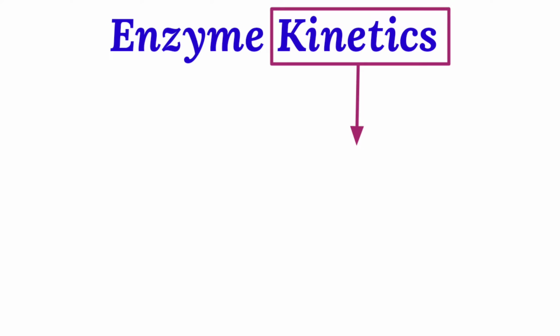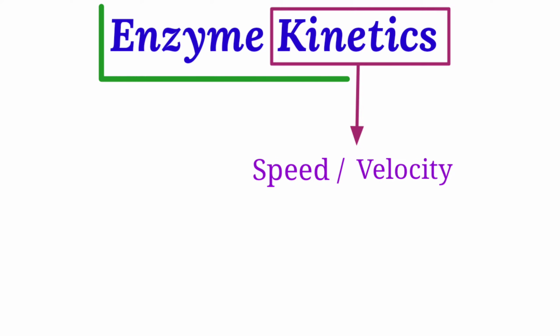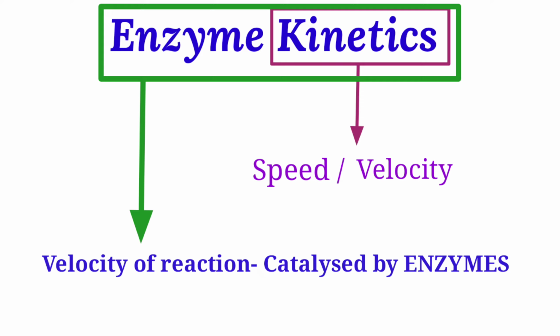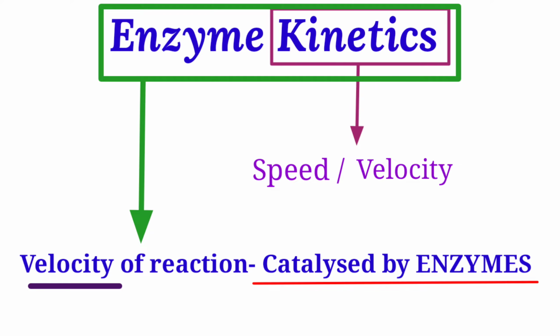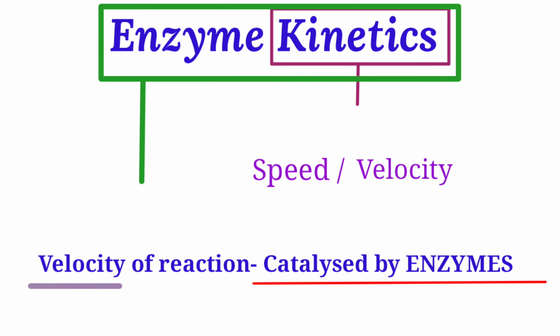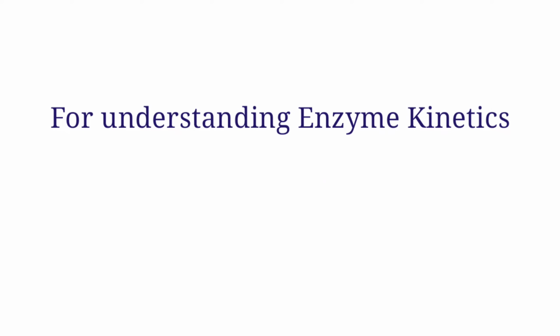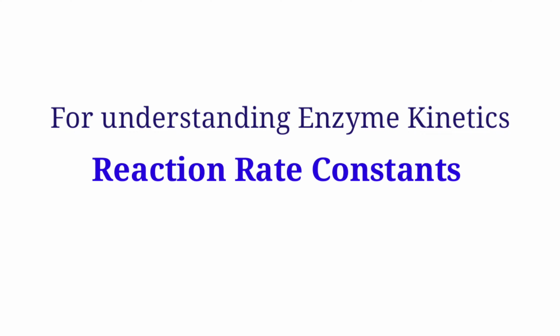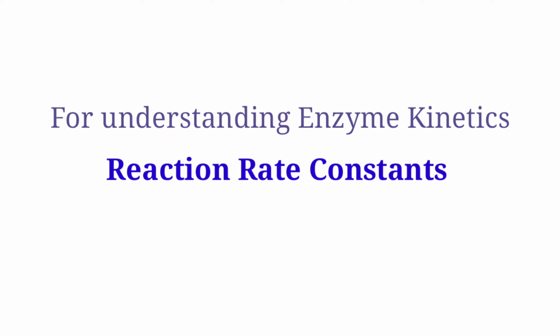Here we are talking about enzyme kinetics. So you must know what the word kinetic means. Kinetic means speed or velocity of reaction, and enzyme kinetics means the velocity of reactions which are catalyzed by enzymes. To understand this, we will be using reaction rate constant terminology.